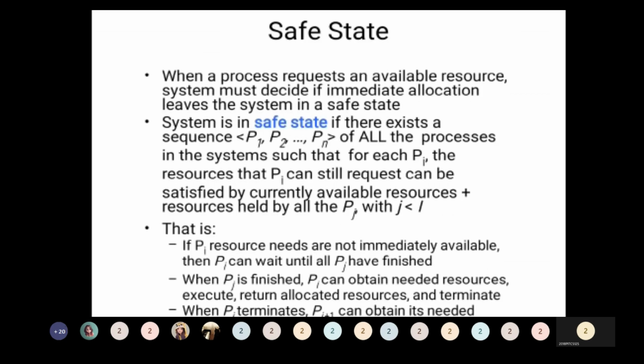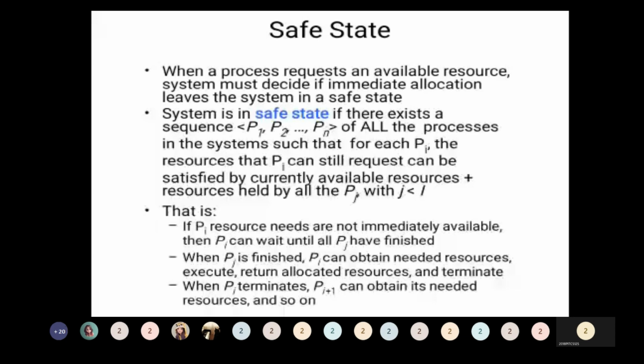What is called a safe state, we will see. When a process requests an available resource, the system must decide if immediate allocation leaves the system in a safe state.